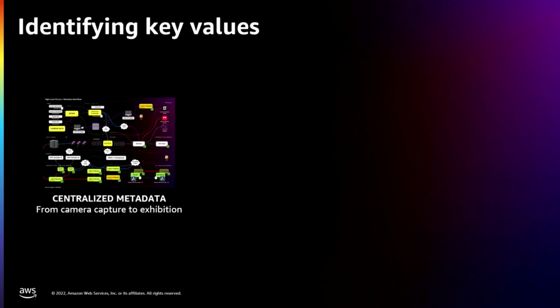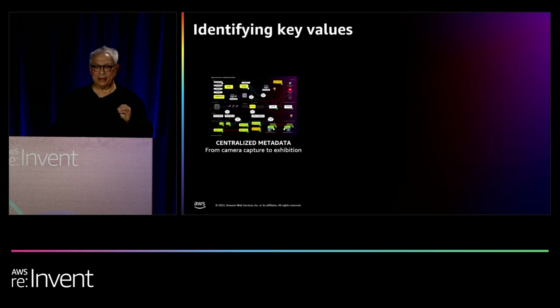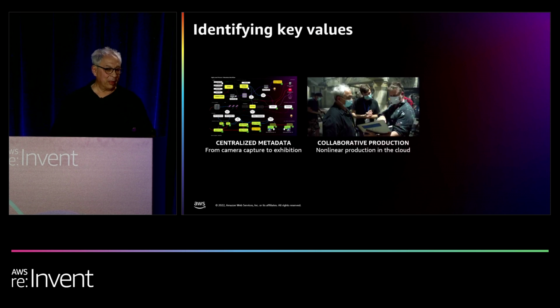And we came up with three. So there was lots of learning. It was all the technical learning and all the things I was describing, but there was more. There were values that began to become identified. One was metadata, the importance of metadata from beginning till end, and I'll talk more about that.